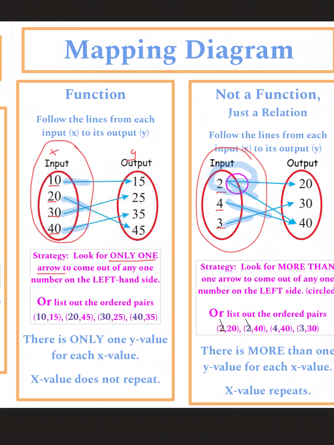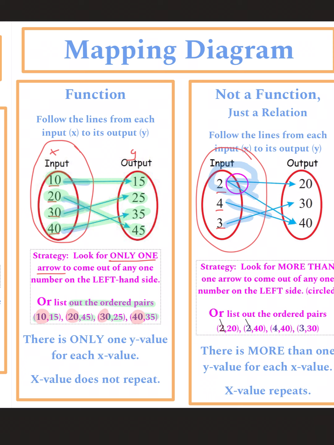If looking at the mapping diagram is difficult, then you can also write the ordered pairs. So you can see here 10 and 15 I got from connecting 10 with the 15, 20 and 45, 30 and 25, and 40 and 35. So when I look at that, I can see that none of the x values are repeating, which makes it a function.